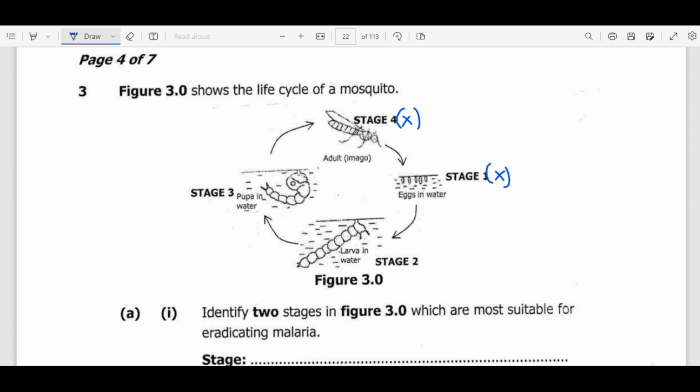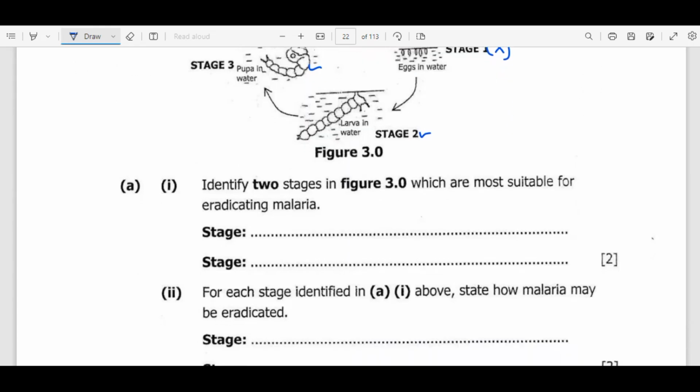So if we spray oil on the surface of this water, these larvae will die. And not only that, we can put fish here so that they can feed on the larva. The same applies with the pupa here. So these are 2 stages that are best if you want to eradicate malaria.